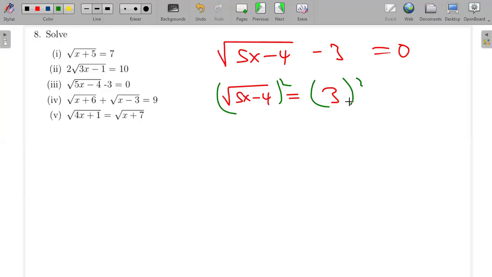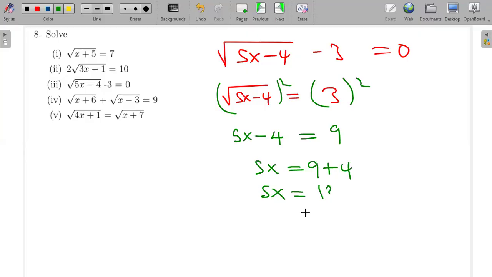So if I square both sides, I have 5x minus 4 is equal to 9. So 5x will just be equal to 9 plus 4, meaning 5x is equal to 13, and x is equal to 13 over 5. So that's how we can solve that question.